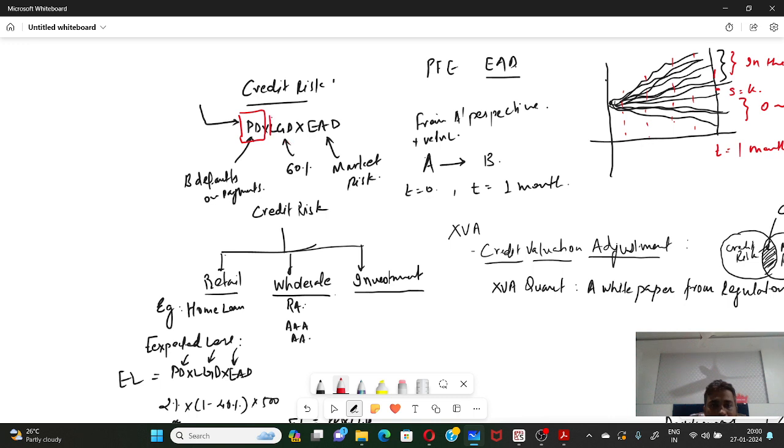This is kind of a constant in most cases, and this component comes from the market risk element. That is why XVA is a combination of credit risk and market risk.